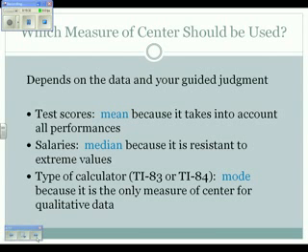And then if you did types of calculators, so if we surveyed the class and said, what type of calculator do you have? An 83, an 84. I think one student even has an 89. If we took all of that information, we wouldn't want to average those because there's not an 83 and a half calculator, right?